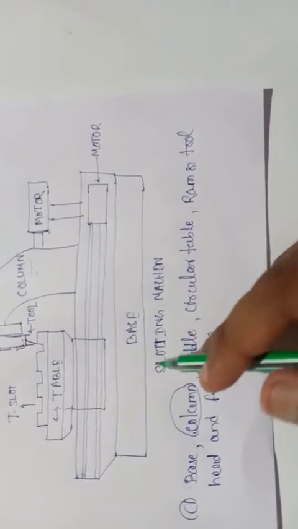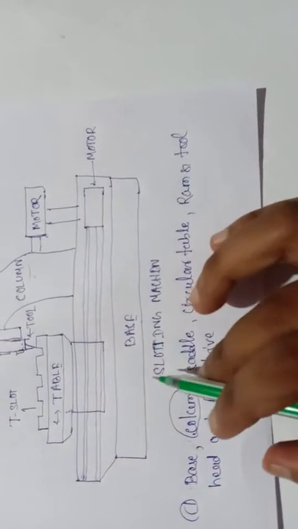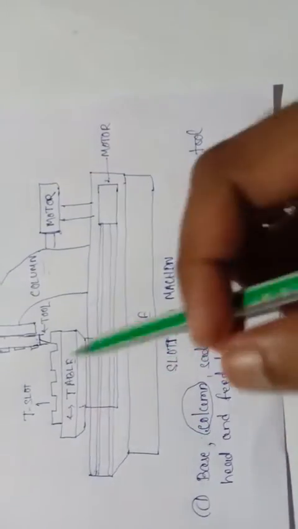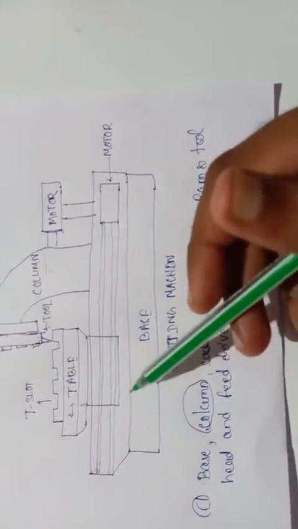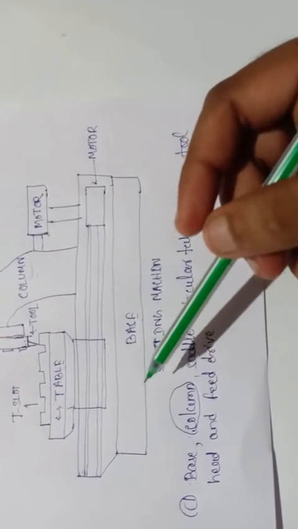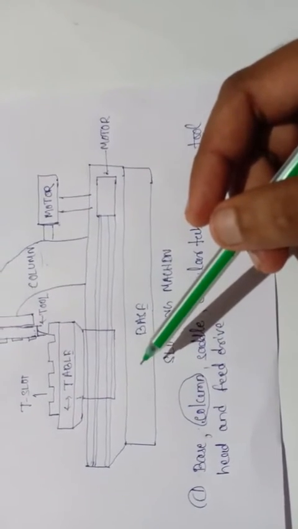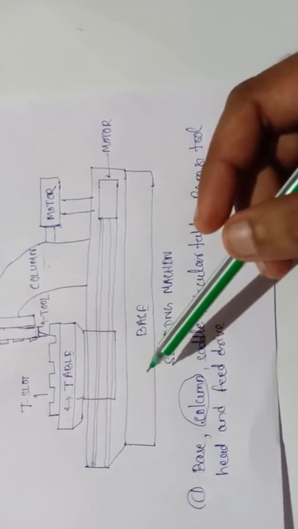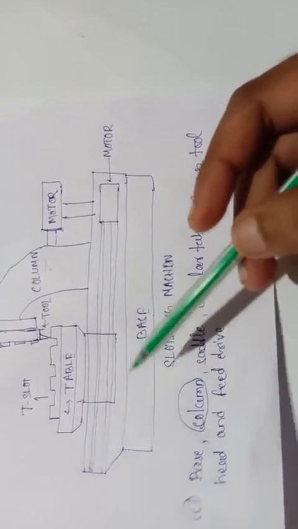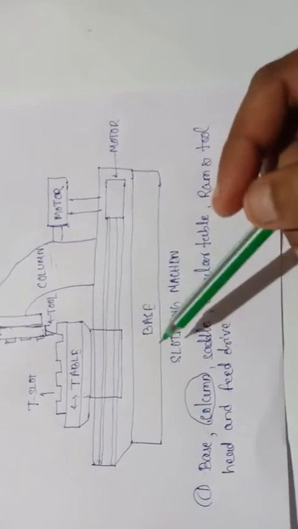It moves on the guide ways on the base to provide a longitudinal feed of the table, in a direction perpendicular to the front vertical face of the column. The longitudinal feed may be given either manually or by power.